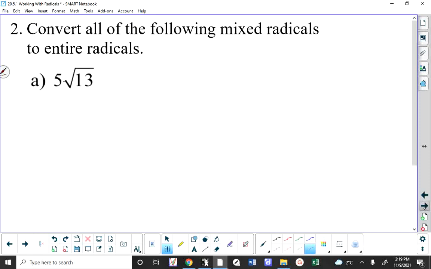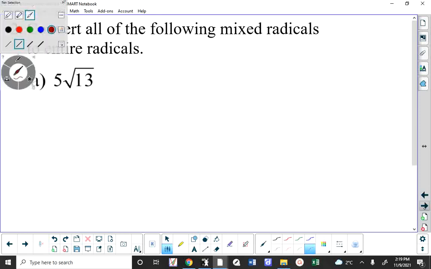Convert all of the following mixed radicals to entire radicals. Now, you were taught different ways to do this, but let's just take what I've taught you already today and put it in reverse. If we have a single number that's outside of the radicand, or the radical, then when we put it inside, we're going to have 2 of them.